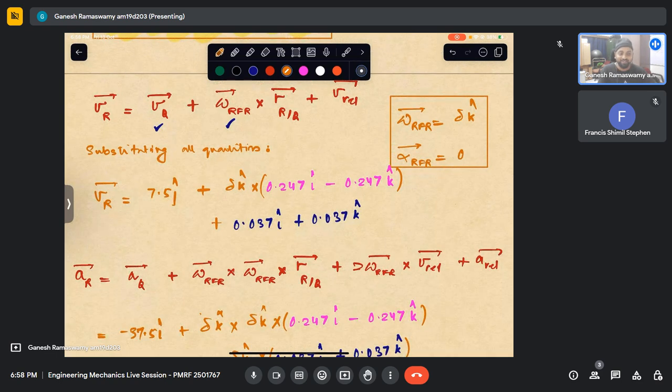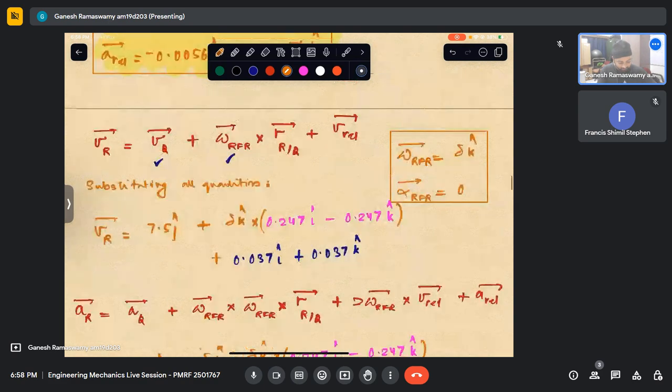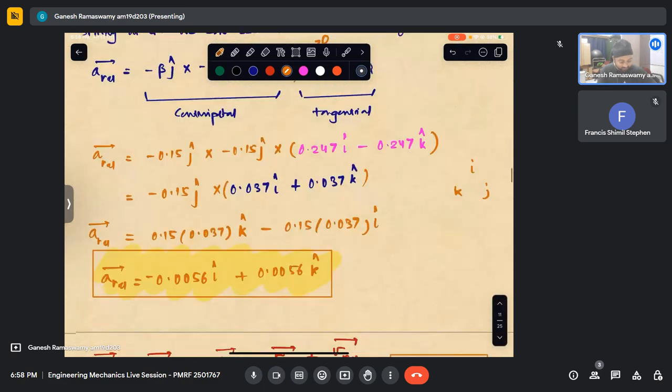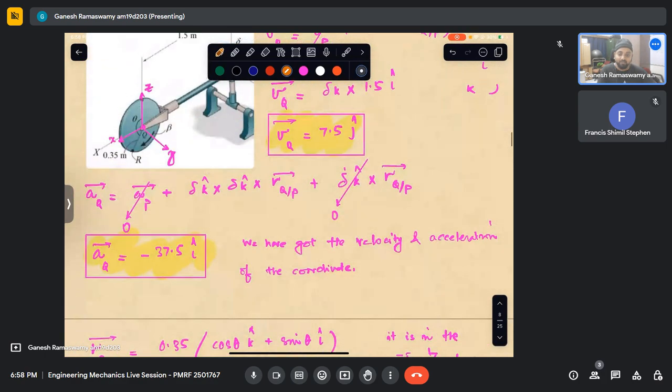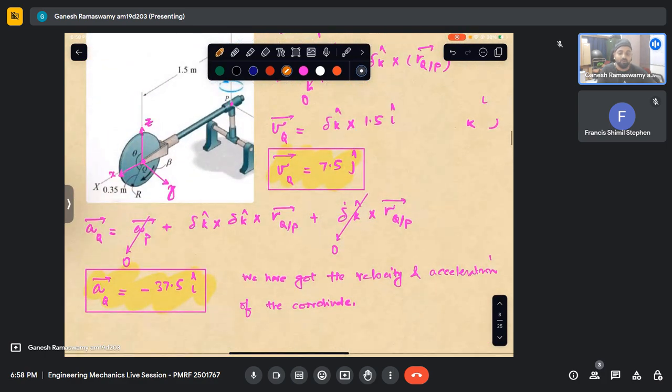I understand that it could be a little dry if we just go on doing vector algebra. Otherwise, I'll move on to the next question, which is a variant of this. We'll just see what that variant is. In the meantime, if you have any questions, please feel free to ask. Okay.